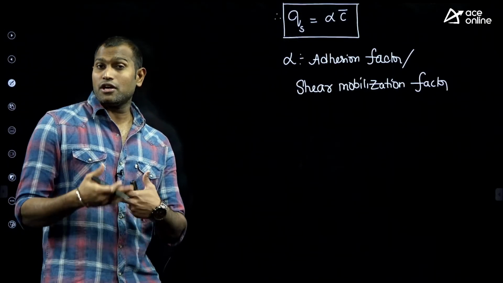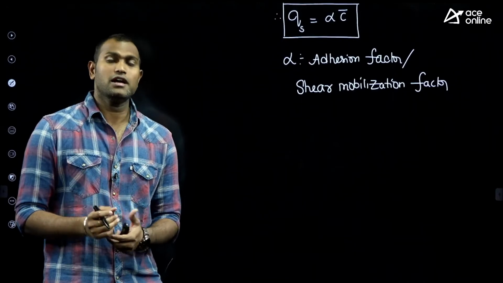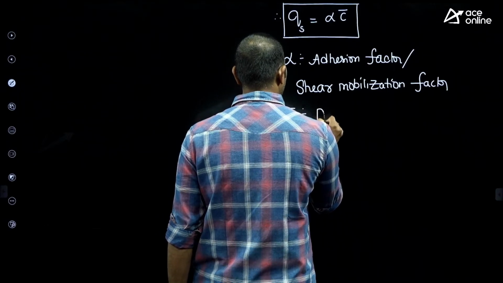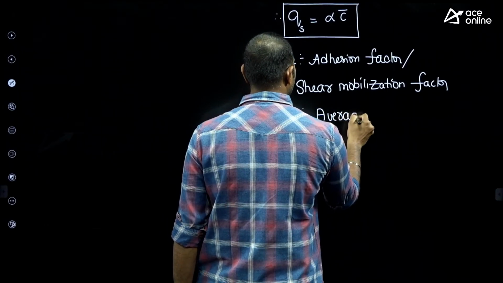So, adhesion in the soft clay is more than the adhesion in the stiff clay. And C bar is average cohesion along the length.